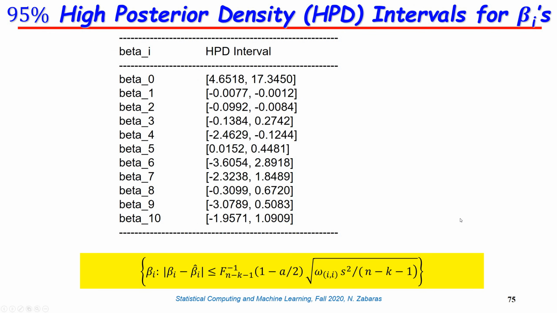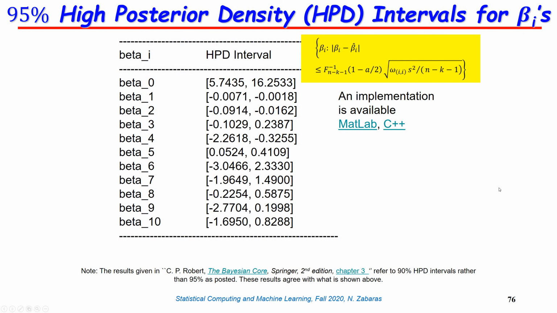Here are some of the HPD intervals using the analysis with this Jeffreys prior, and these are the 95% HPD intervals for each of the parameters using the formula that you see on the bottom here. Again, this is the formula that I have used for the analysis.